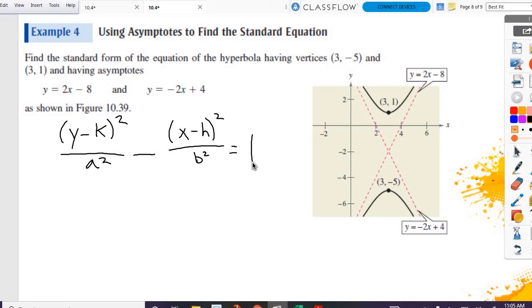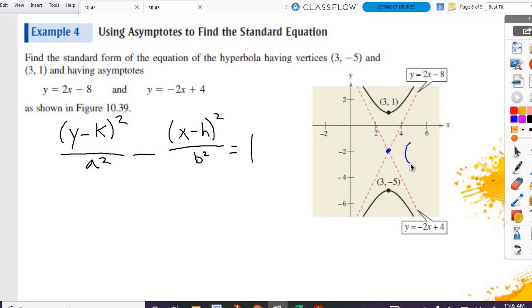H and K. Remember that in this case we can find our HK 2 different ways. One, it's going to have to be the midpoint of my 2 vertices. And 2, it's also going to be the point at which my 2 asymptotes intersect. Now remember that all of my vertices and my center have to line up.